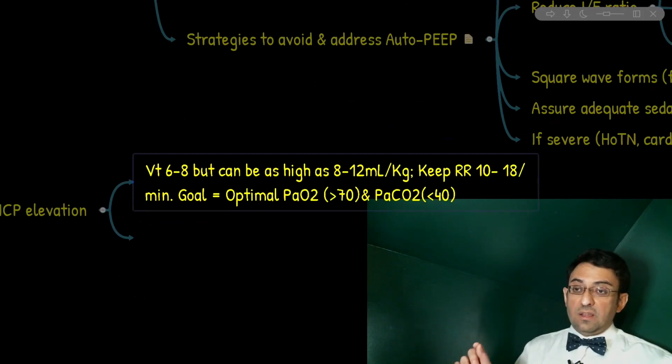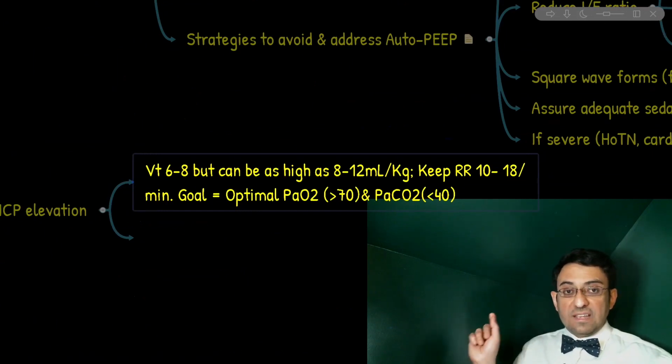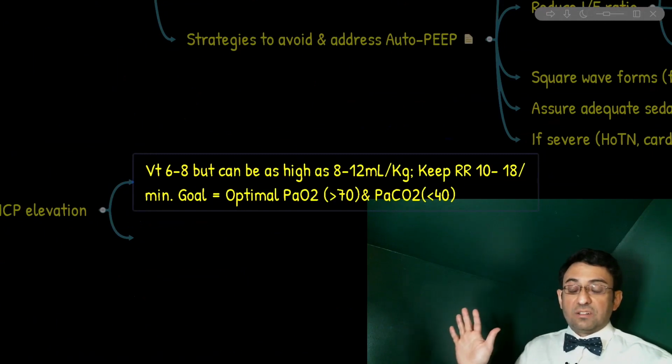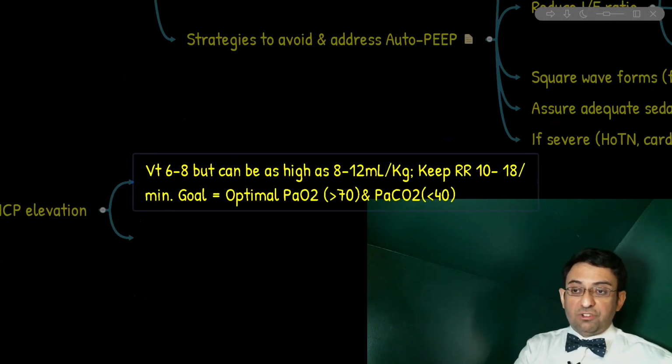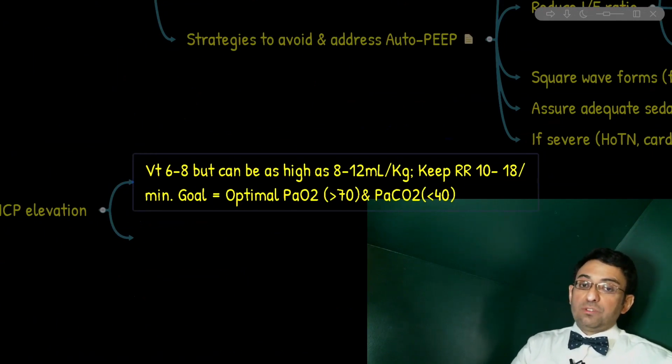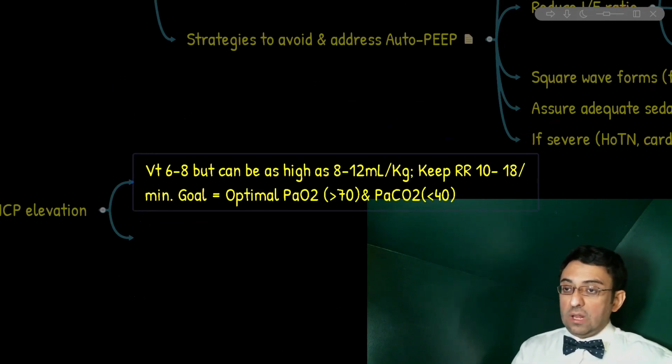Therefore, here is the real scenario in which our focus is to really reduce PaCO2 to values less than 40, and this is the only condition in which our target PaCO2 in mechanical ventilation is less than our standard target. How do we do that? We make sure that tidal volume is 6 to 8, but can be as high as 8 to 12 milliliter per kg. Also, respiratory rate could be as high as 10 to 18. And the goal here for PaCO2 is to be less than 40.